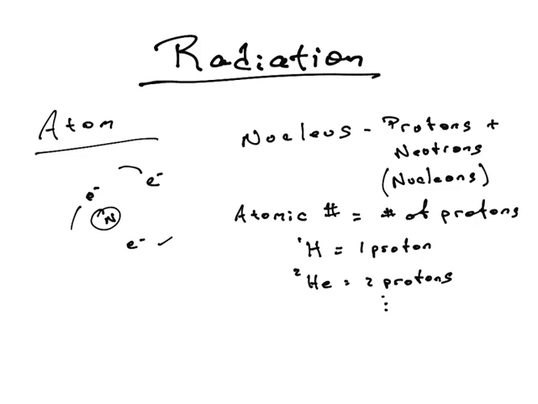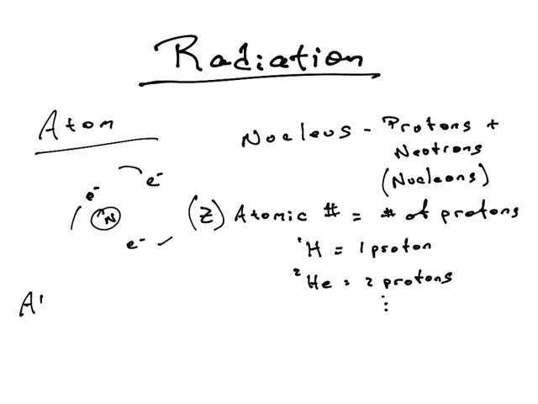The atomic number, sometimes called Z, defines the element you're talking about. If we say element number 8, that means it is the element which has 8 protons. All atoms that have 8 protons are called that same name. So the number of protons, the atomic number, describes what the element is.